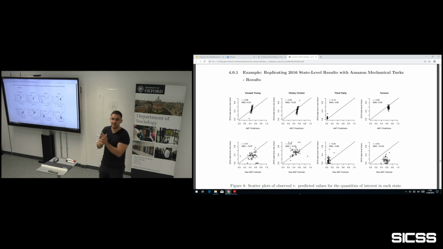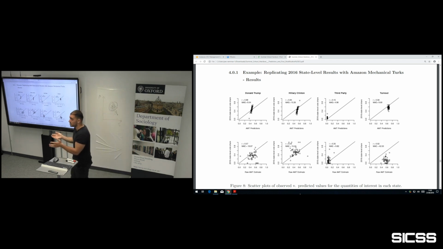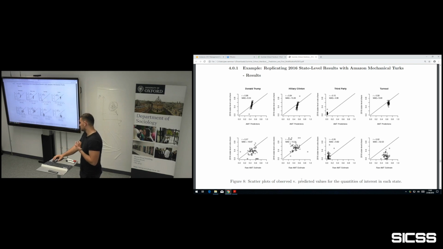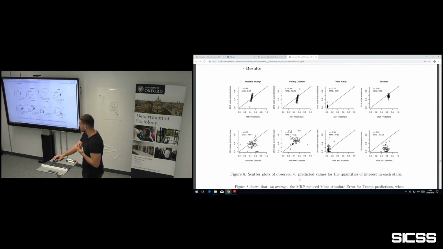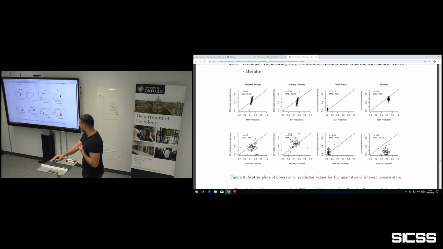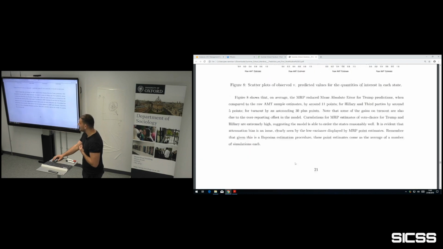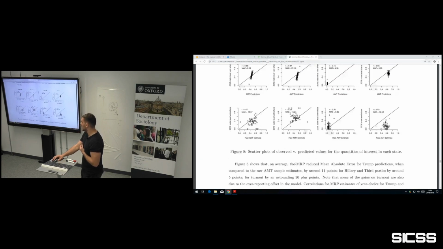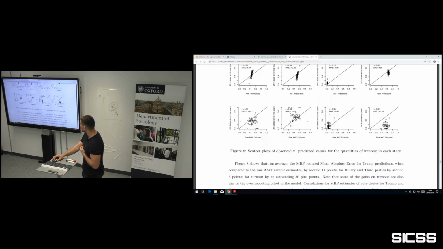That's an effect of the shrinkage and of the general tendency to shrink effects towards the mean. What else should you notice? No, I think that's it. Overall, I think we can be pretty happy with the results, given that at the state level, at least, we've shaved off a lot of error from the raw sample estimates.